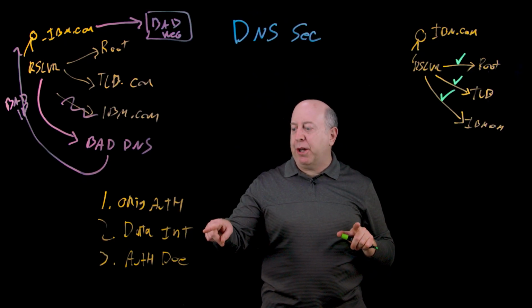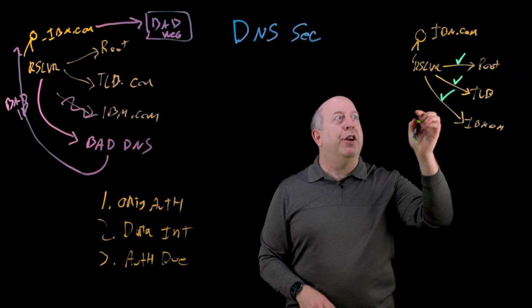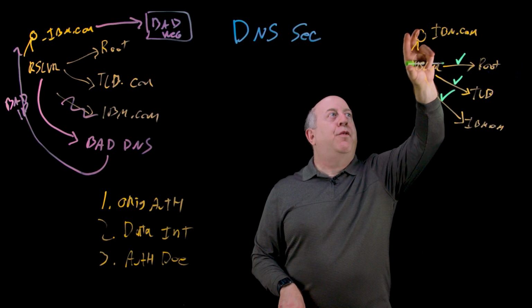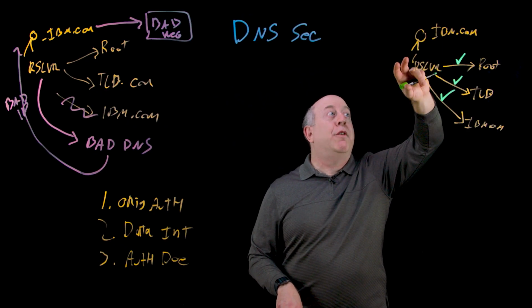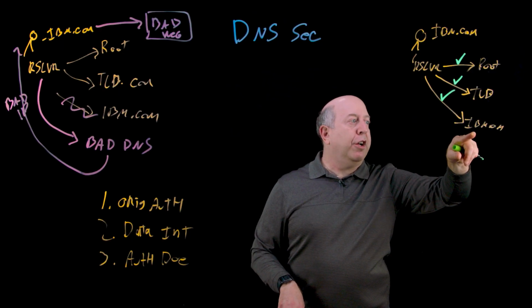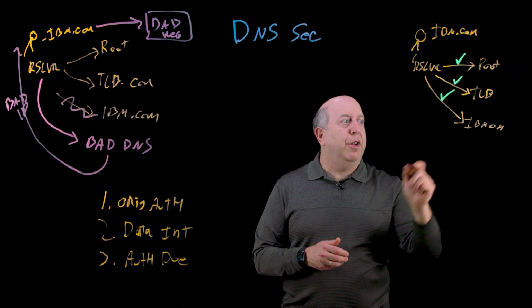The one thing I haven't talked about yet is authenticated denial of existence. So let me just mention that real quickly here. The idea is, if I ask for a name that doesn't exist, let's say foo.ibm.com, and then I talk to the IBM.com name server, it's going to return to me an answer.